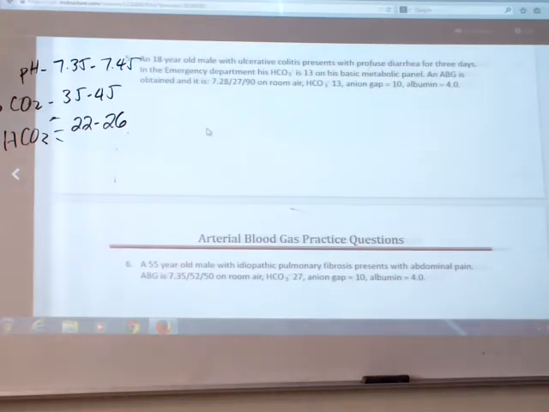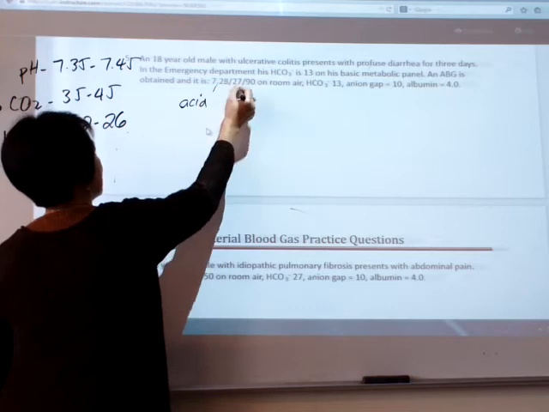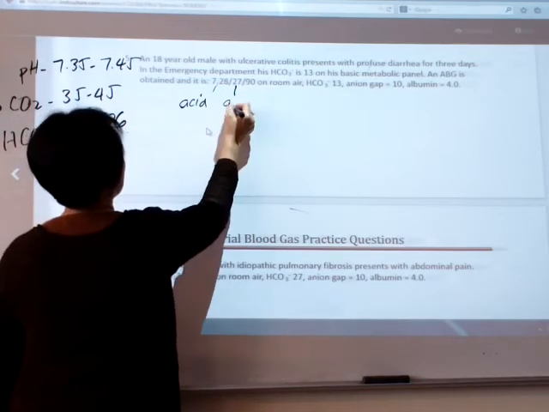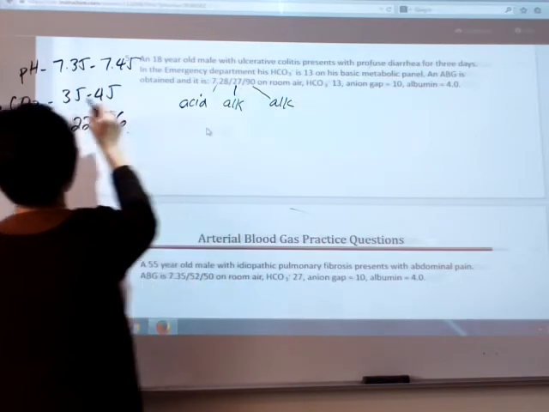The pH is 7.28, low. It's metabolic again. An 18-year-old with ulcerative colitis and diarrhea. So metabolic acidosis. This is telling me acidosis, this is telling me alkalosis, and this is telling me alkalosis, right?